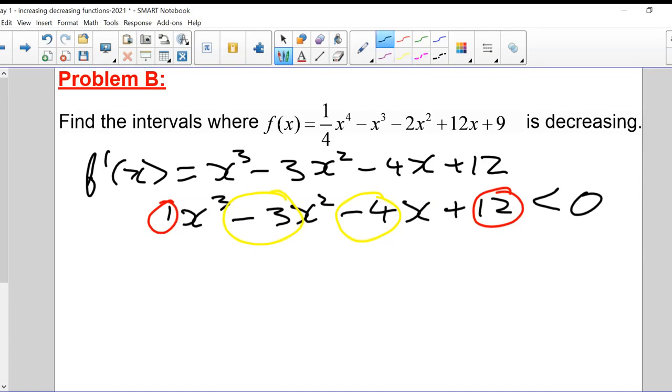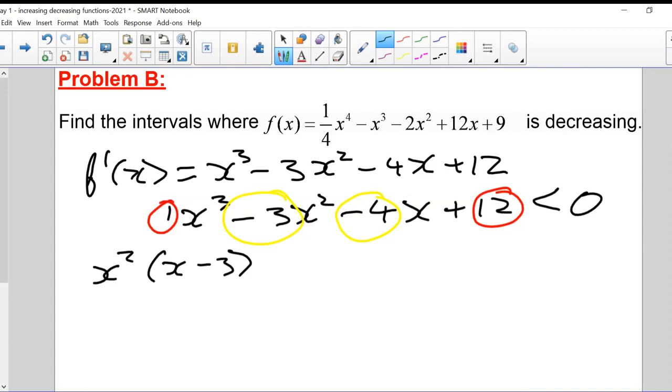The common factor between the first two terms is, help me out, folks. What's the common factor between the x cubed and the minus 3x squared? X squared. Thank you very much. So x squared, I'm going to have x minus 3 there. And what's the common factor between the next two terms?